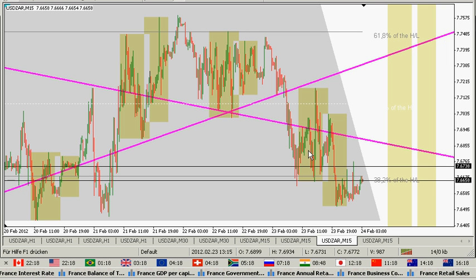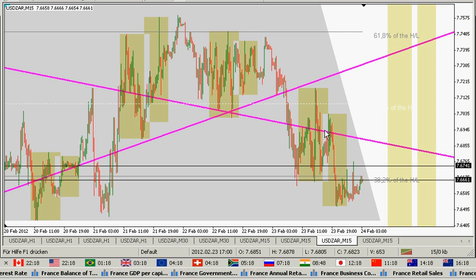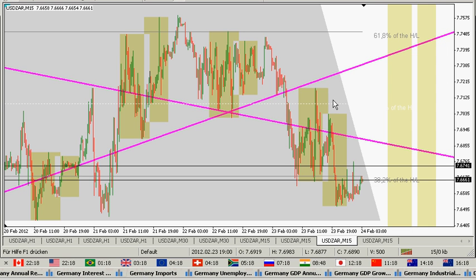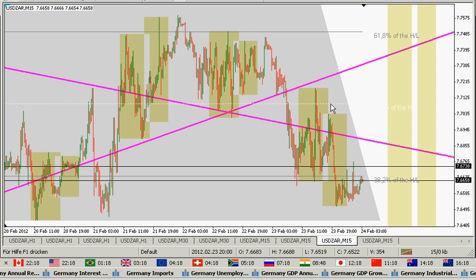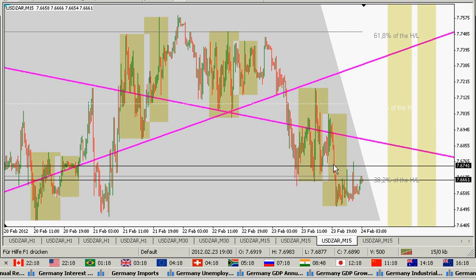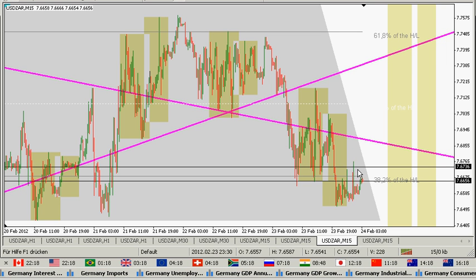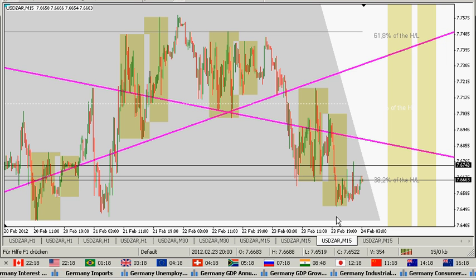Here the 50. Interesting is of course today, as Europe or South Africa, the JSE closed, we've got the sell-off, and here we're trading roundabout at the lows of the trading session.